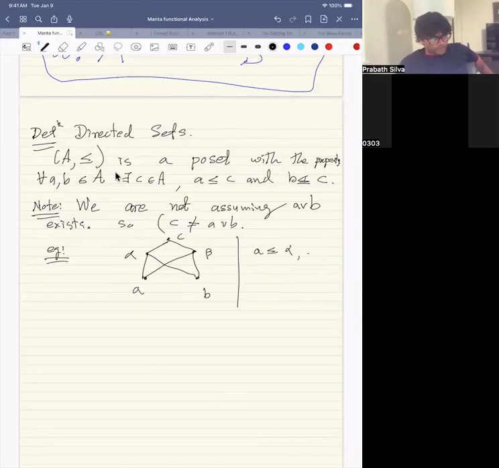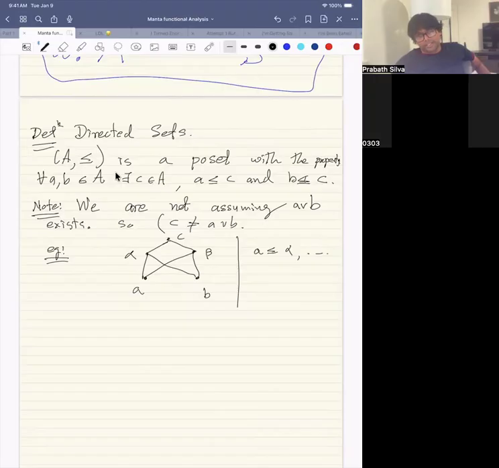In this picture, this one doesn't have a join for a and b, because we have two candidates for it.